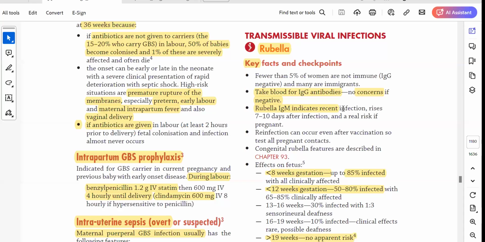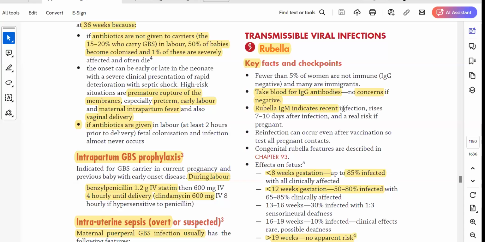Now moving on to some of the viral infections which can transmit from placenta to the baby. One of the most important ones is rubella. So we are always concerned about a rubella contact in a pregnant mother. How so?